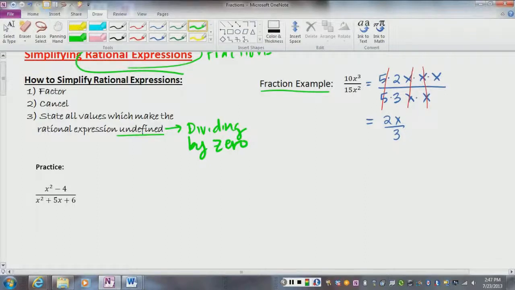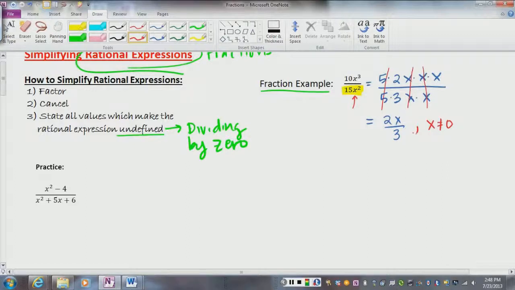So in order to state when that happens, look at the original problem and say, okay, when would that be 0? Well, for this example, we have to add the condition that x cannot equal 0, because if x is 0, this rational expression will be undefined.